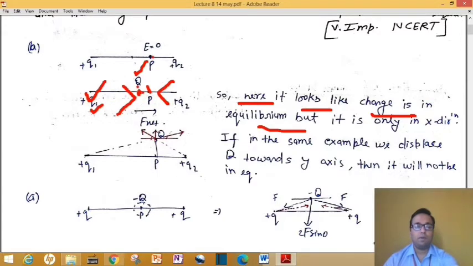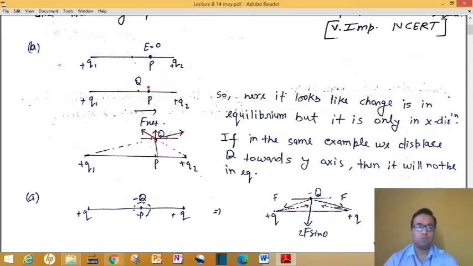At point P it was in equilibrium, so our net force will be along this direction only. I mean to say, if you displace your charge from P towards the left, it will again come to its original position. Similarly, if you displace it towards the right, it will again come back to its original position. Means we can say that this charge is in equilibrium along the x-axis.